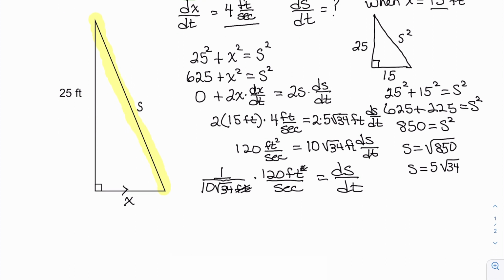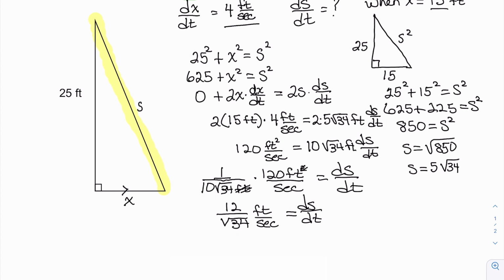Then simplifying the values numerically, I have 12 over the square root of 34 feet per second is what we get for our ds/dt. And so the units work out to be what they should be because it's the change in distance with respect to the change in time.